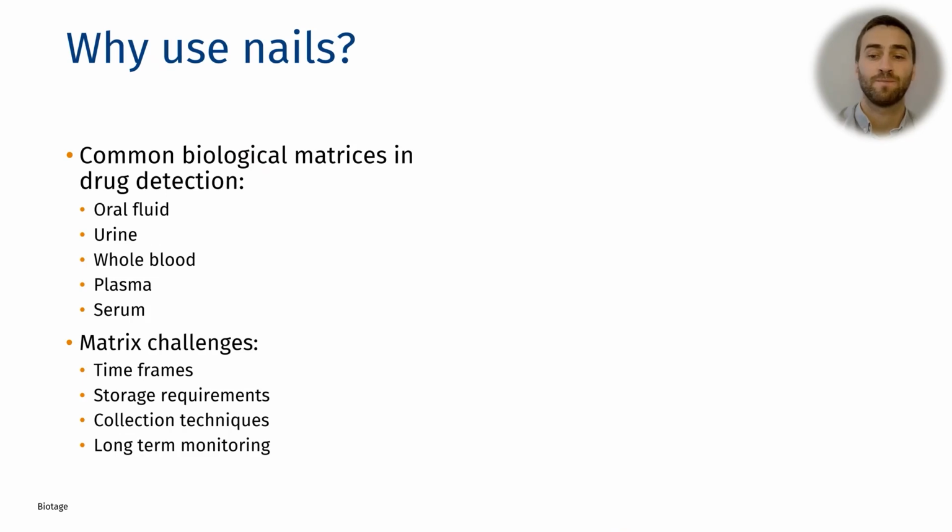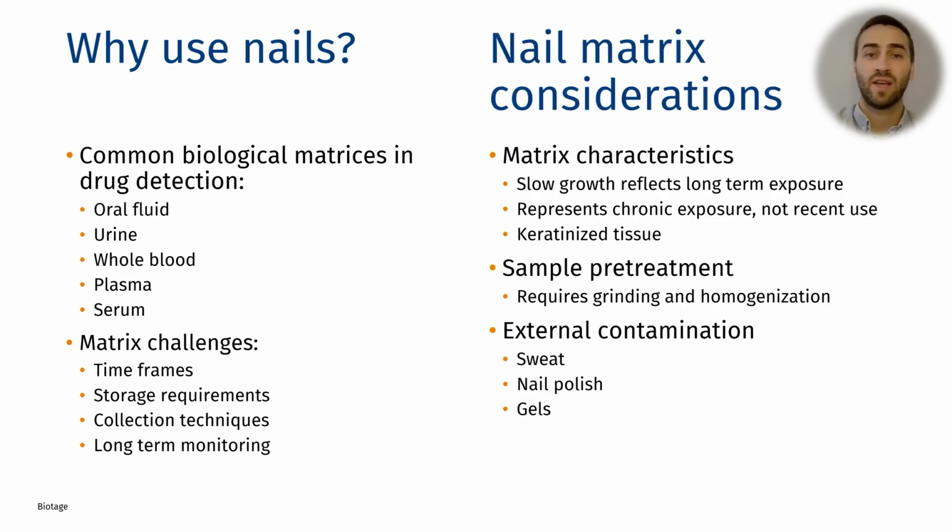specific time points. On the other hand, nails grow at an average rate of approximately 3 millimeters per month. So therefore, you can get a longer time frame of drug intake or exposure. They're a keratinized tissue. This means they are a lot more stable, so they do not require any specific storage conditions for transport.